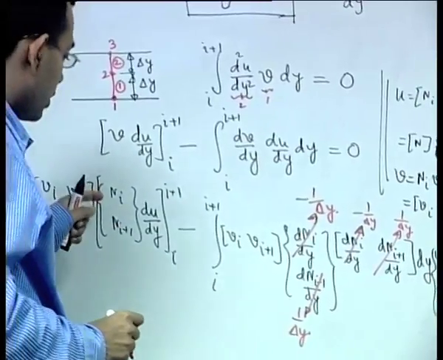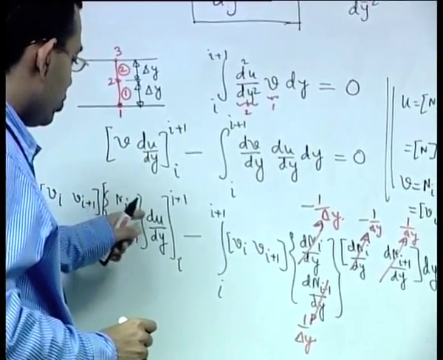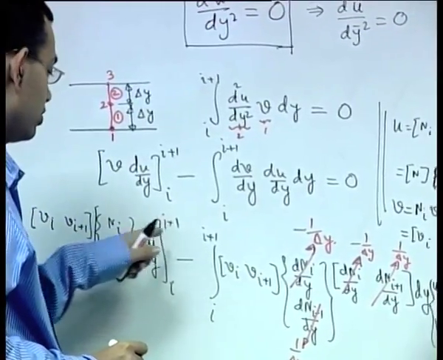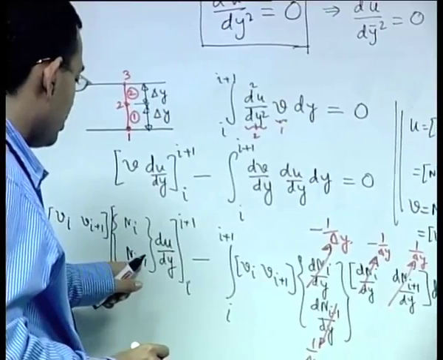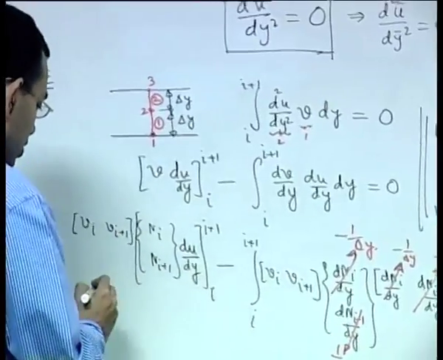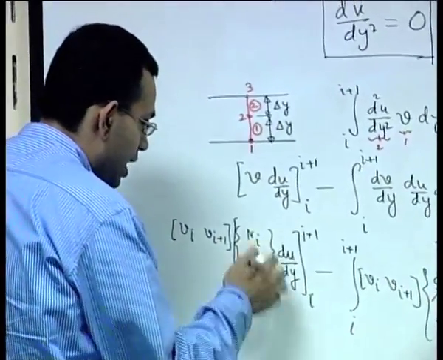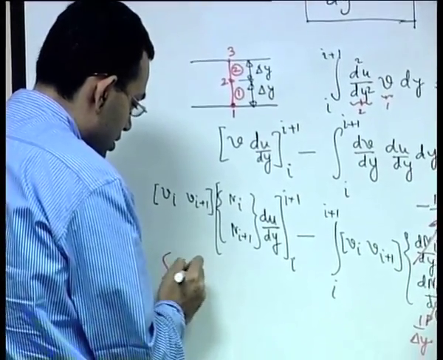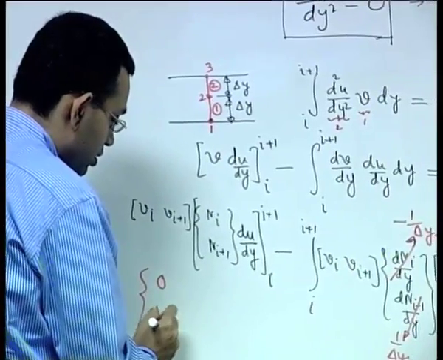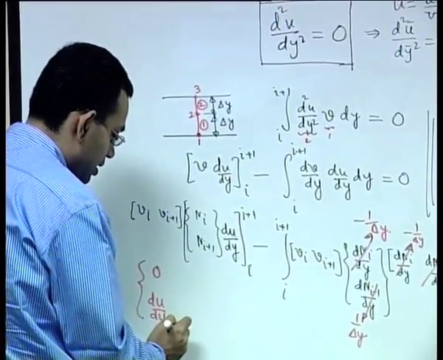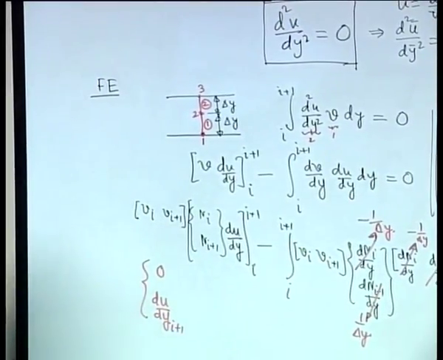Now, Ni into du dy, what is Ni at i plus 1? 0. Ni plus 1 at i plus 1 is 1. So, the upper limit will become 0, 1 into du dy at i plus 1.